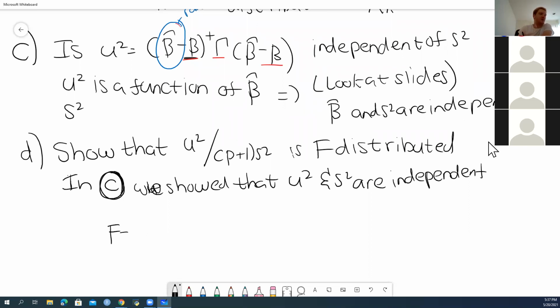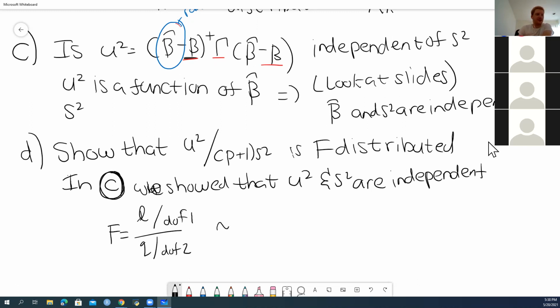So remember, F is going to be equal to some variable, L over some degrees of freedom 1, over Q over some degrees of freedom 2.